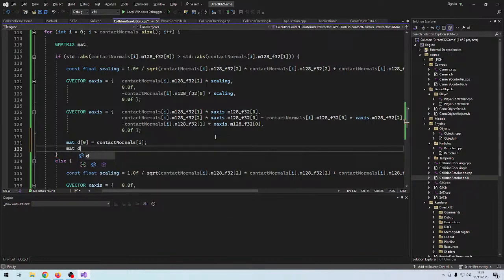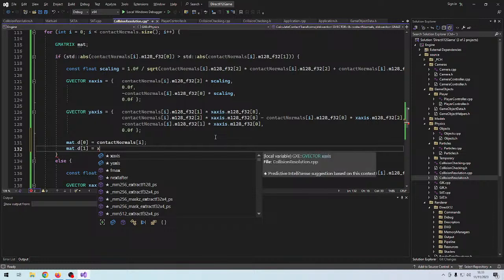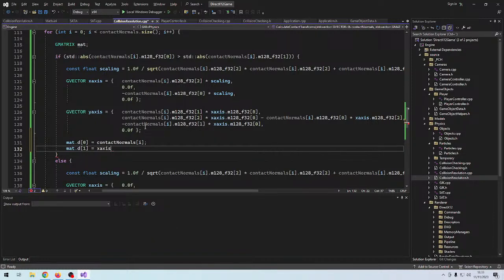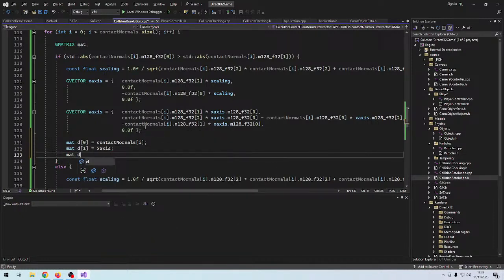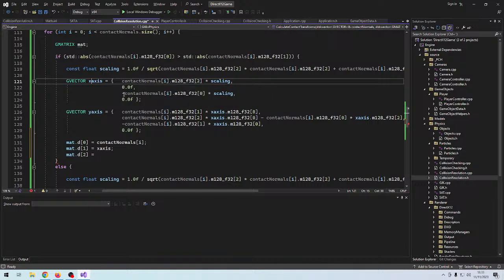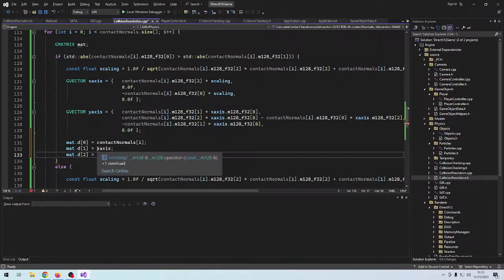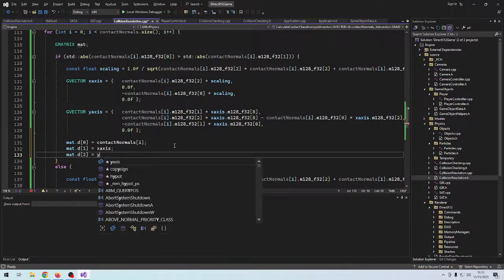We set mat d01 to the x-axis. And I know this is weird, we should actually call this the y-axis and then the z-axis, but yeah.